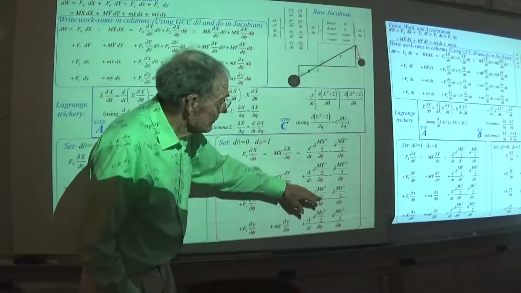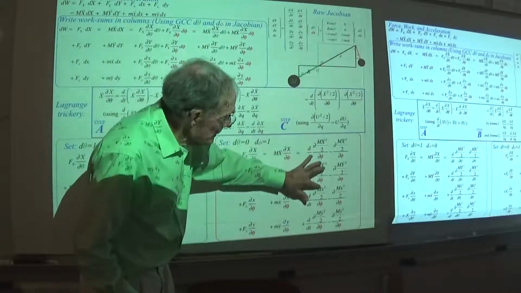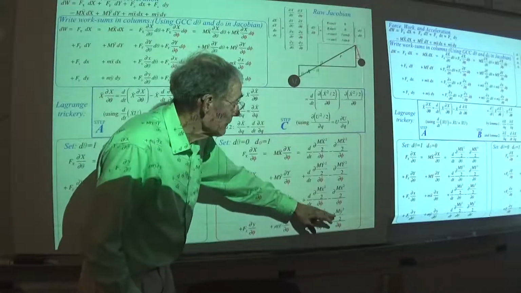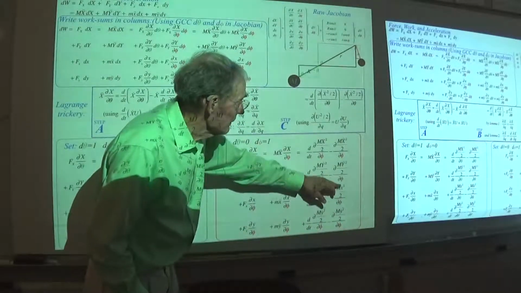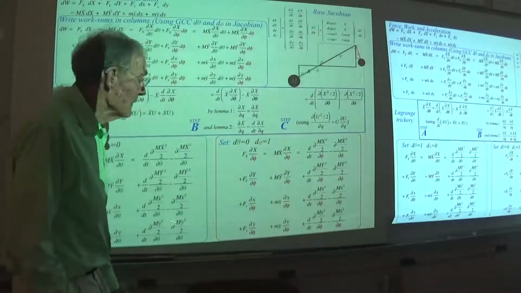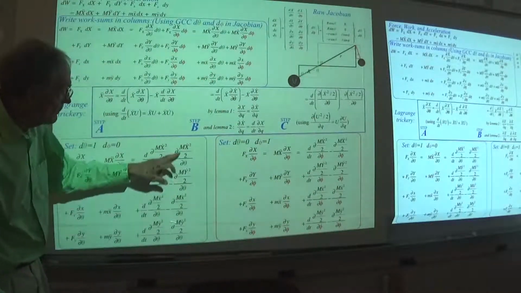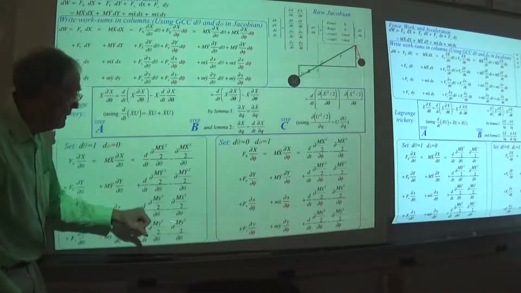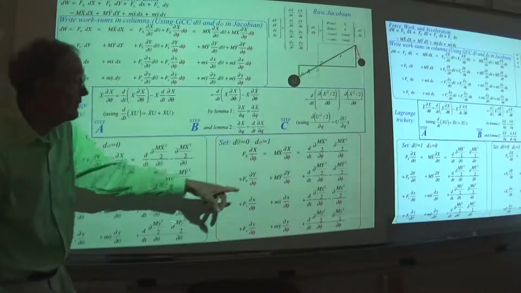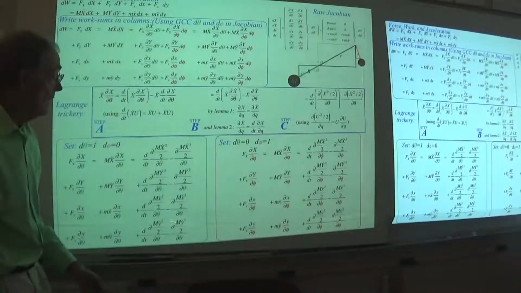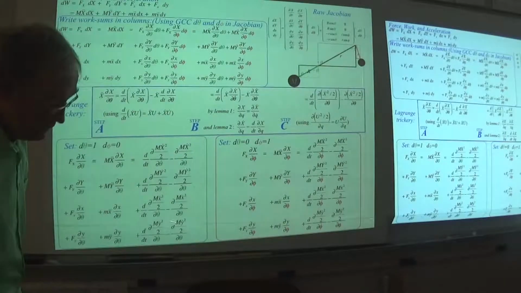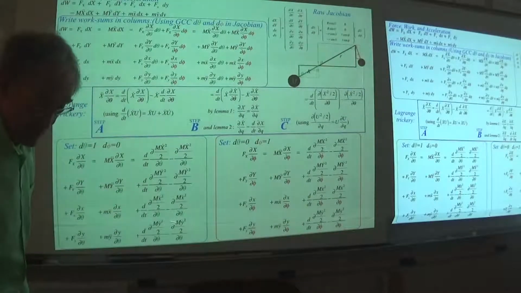I've got the sum of the kinetic energy with respect to phi dot, and then the same thing with respect to phi. Then I'm doing the same trick over here, the sum of kinetic energy with respect to theta, with the time derivative in front of both of these, with respect to the driver angular velocity this time.